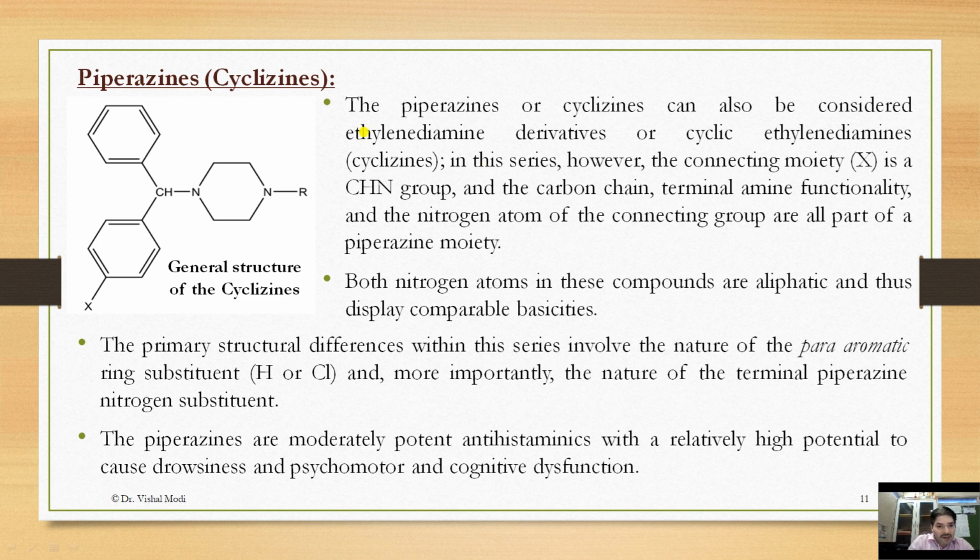You can see here this is a nitrogen group and this is a nitrogen group, and both nitrogens are linked through the ethylene bridge. That's why it is classified under the category of ethylenediamine derivatives. But in this group the connecting moiety is a CHN. Already discussed in the first point.